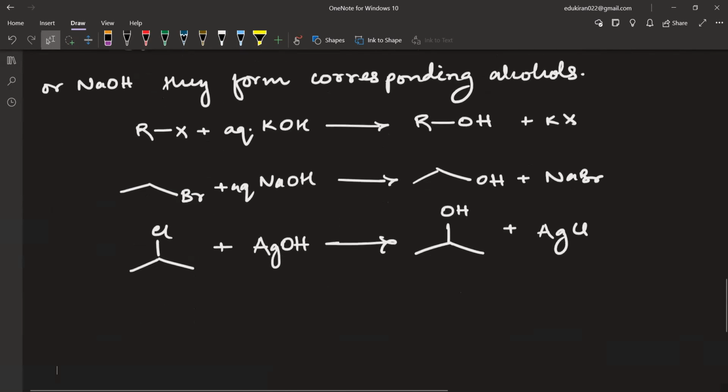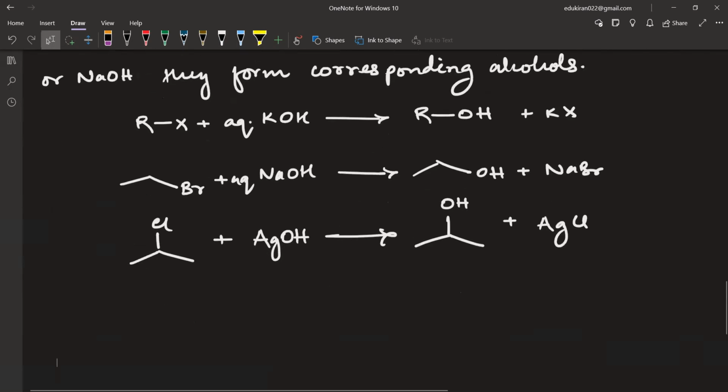Now a note here: I have shown 1 degree and 2 degree, but for the preparation of alcohols using 3 degree haloalkane, it is not very efficient. Why is that?